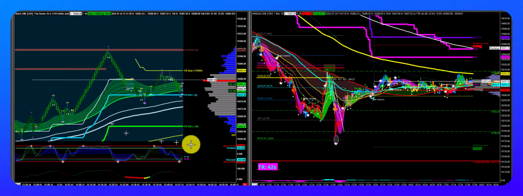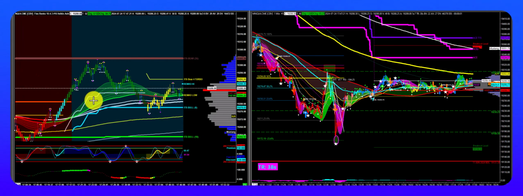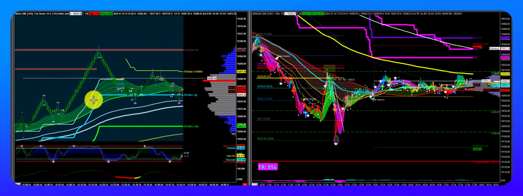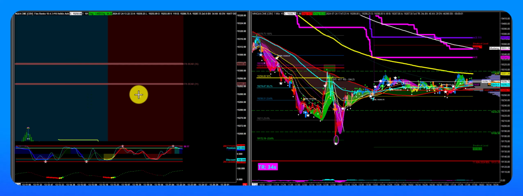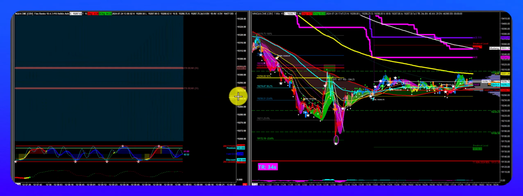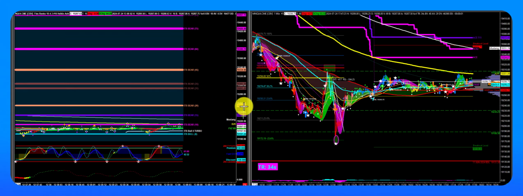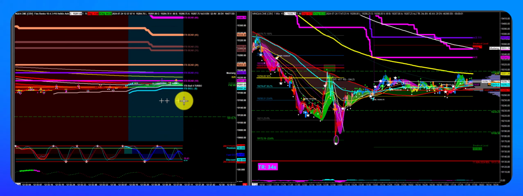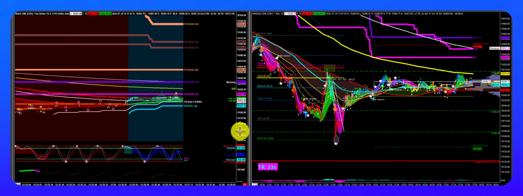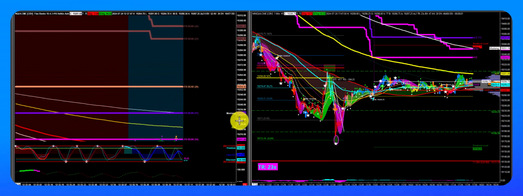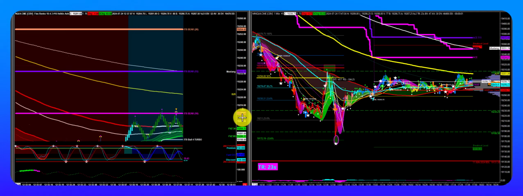If we have a change in direction that's associated with, let's find one here just so we can talk about it very specifically. Here we go. Okay, this triangle on the top here.